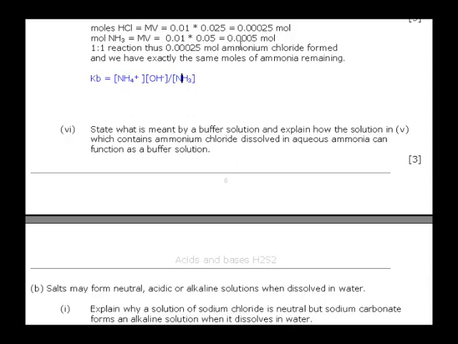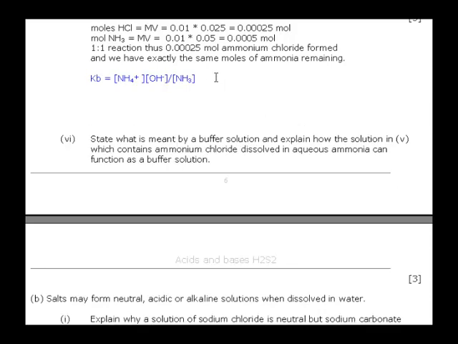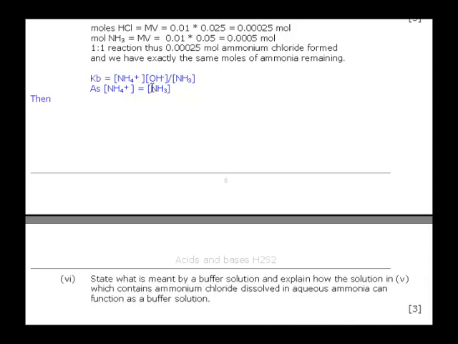Well, we're told the ammonium ions are exactly the same as the ammonia remaining. In other words, KB equals OH minus.